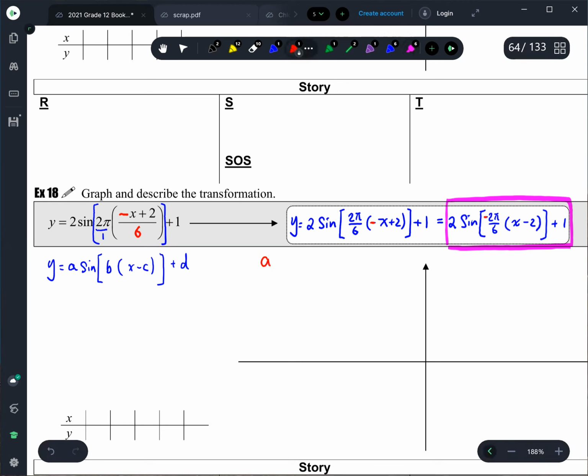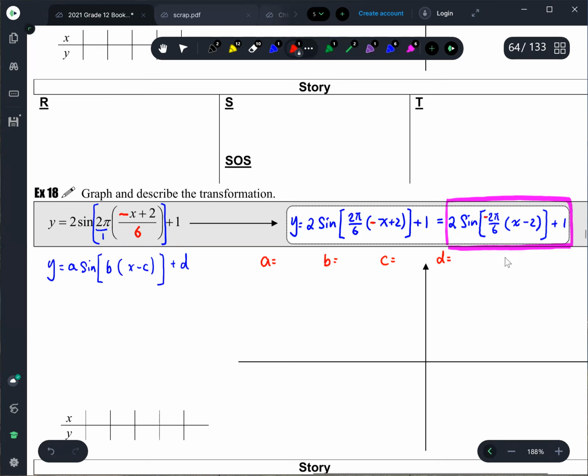So you can write down A, B, C, D. Can you raise your hand if you understand up to here so far? Anyone has questions? Caleb, do you have any questions?